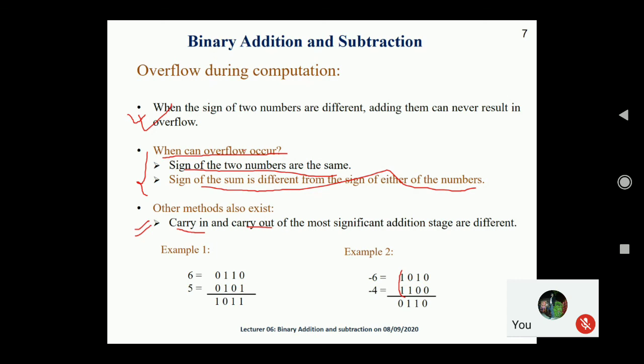See here how overflow occurs. In this particular example, 6 is 0 1 1 0, and 5 is 0 1 0 1. So what are we getting?